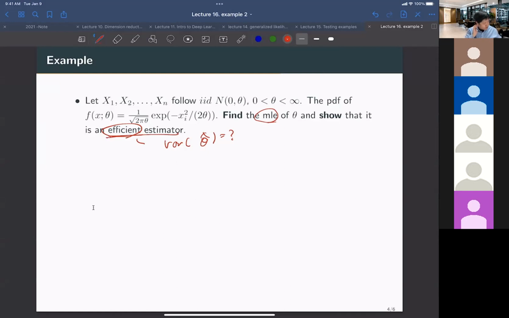Okay, so let's see the question. First, find the MLE. Next, we're going to compute the variance. And next, we're going to check the Cramer-Rao lower bound. And if it achieves this lower bound, we say that it's efficient.